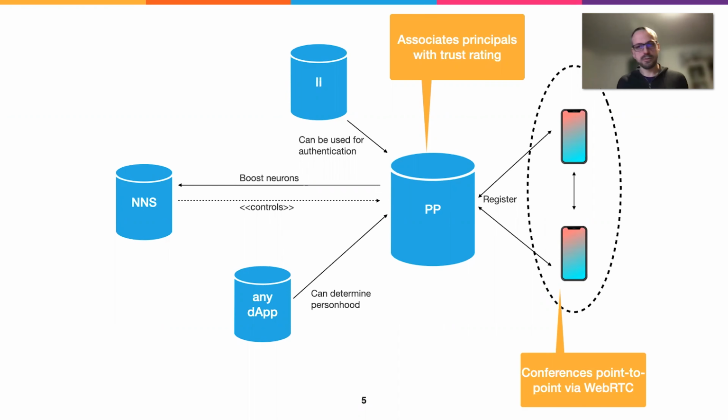And whatever the dApp wants to do with it, I mean, in the launch of an open internet service, you could give some free governance tokens to any validated person, for example, if you want to improve decentralization. If you think about social networks, you could give elevated privileges for voting posts up or down to validated persons compared to those that are not validated and could potentially be bots. So this depends a lot on the application.